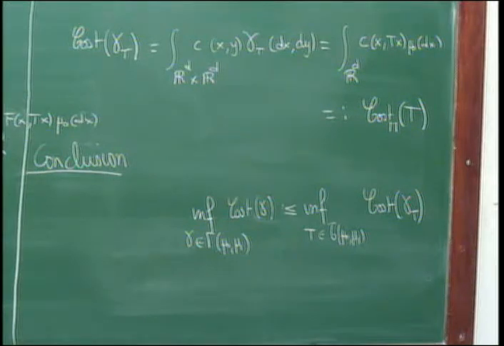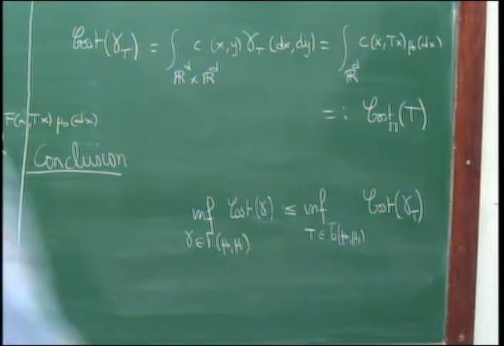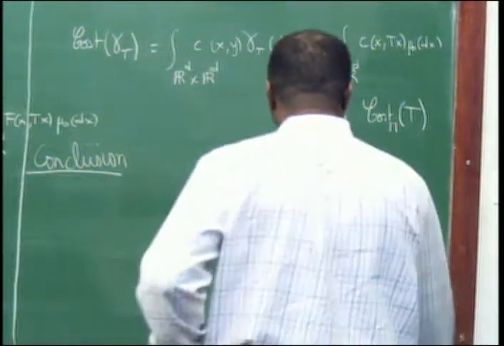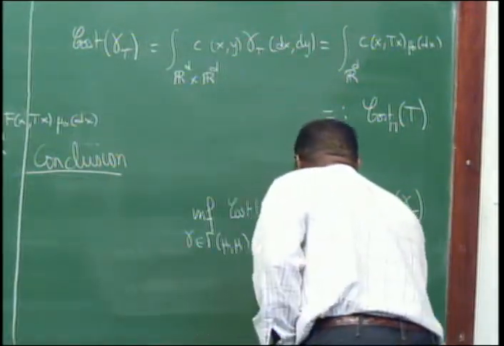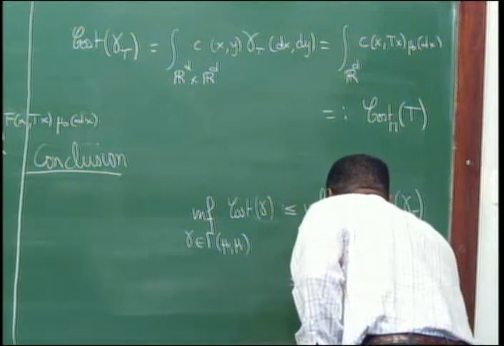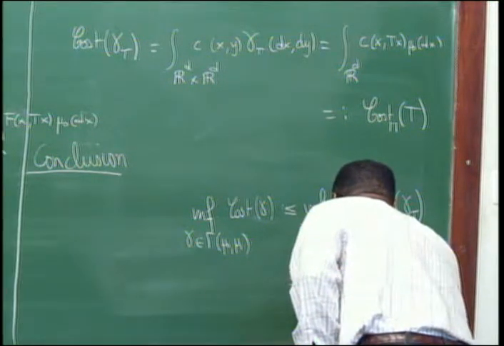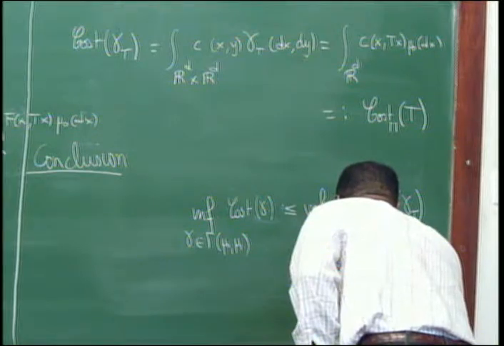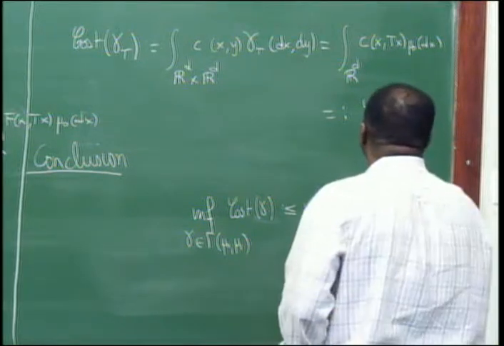So I am saying minimizing over a larger set, I get a value which is less than or equal to minimizing over a smaller set where the gamma has a special structure. But this is minimizing over the set of gamma which has mu naught and mu 1 as marginals.